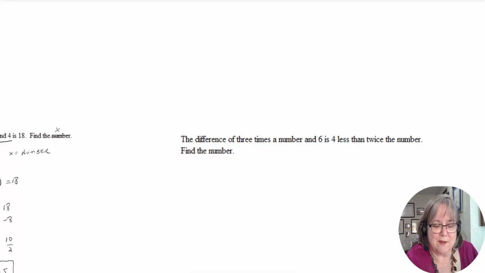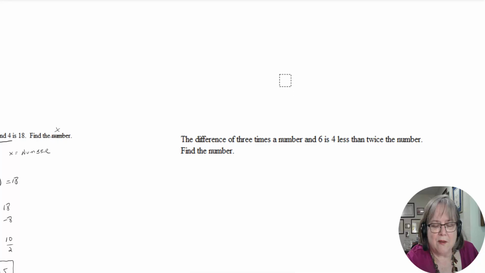So let's look at this again. 2 plus 3 is true, but 3 minus 2 is not equal to 2 minus 3, because this would be 1, and this is not equal to -1. So order matters when you're subtracting.